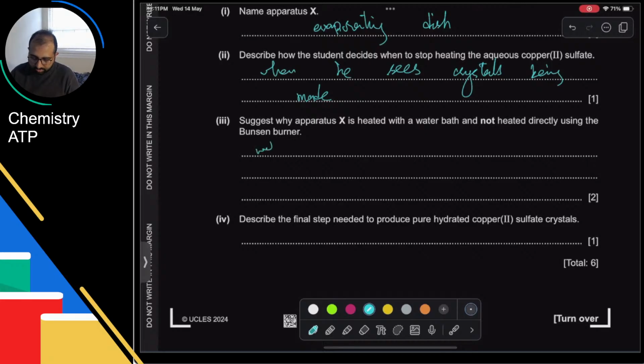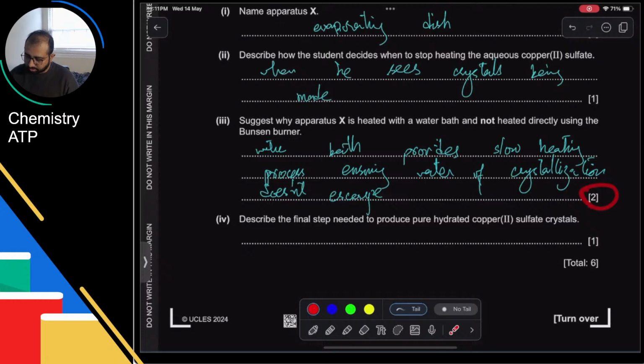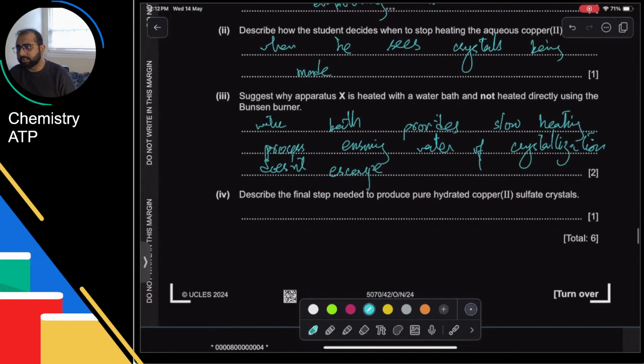So water bath provides slow or smooth or gentle heating process, ensuring water of crystallization doesn't escape or stays. Okay, that's what we have. And this is 2 marks. Okay, we're done. 2 reasons are good enough.